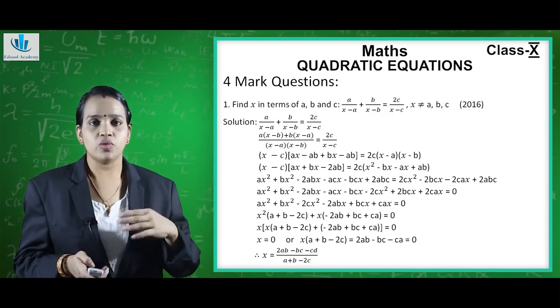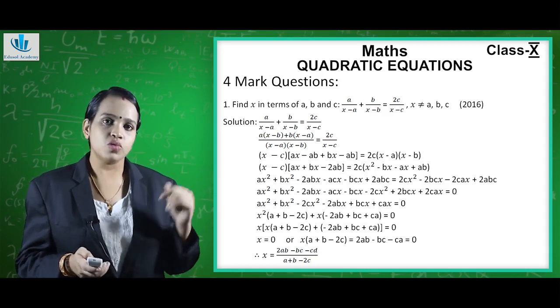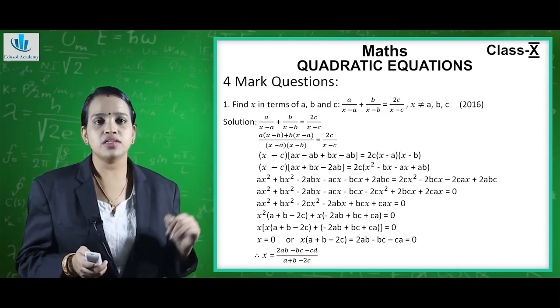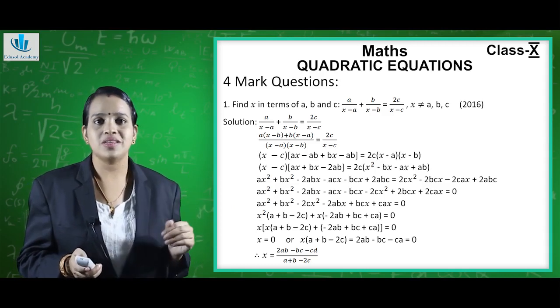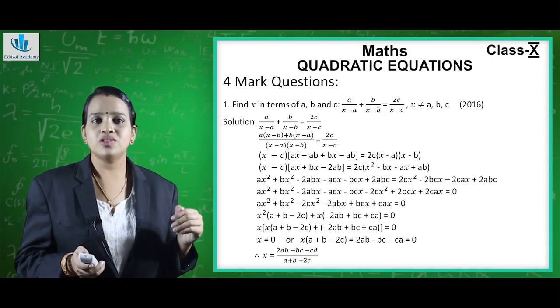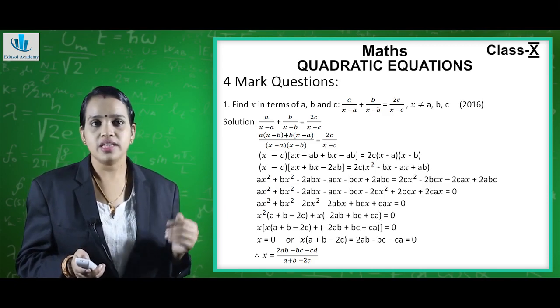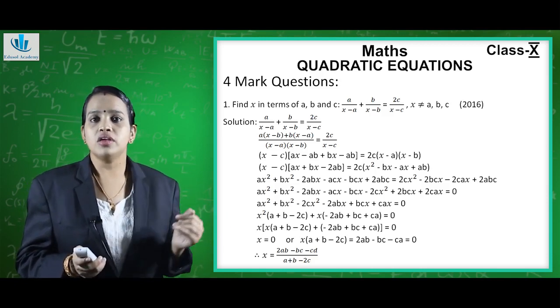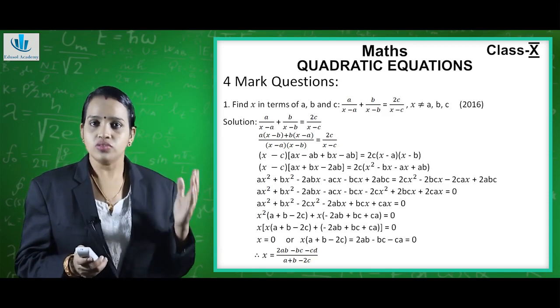So the other terms on the right hand side are 2cx raised to 2, it becomes minus 2cx raised to 2, minus 2bcx becomes plus 2bcx, minus 2cx becomes plus 2cx, which is equal to 0. Now we will arrange all the variables with power 2 together.